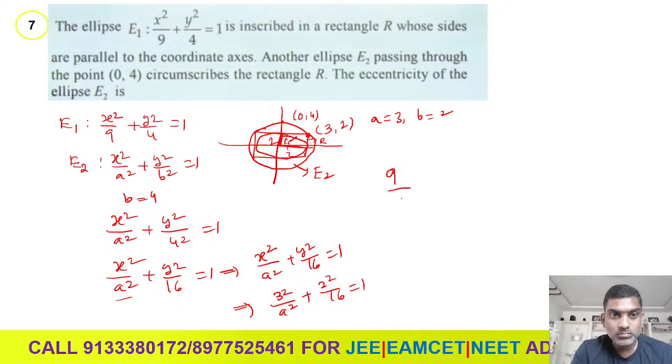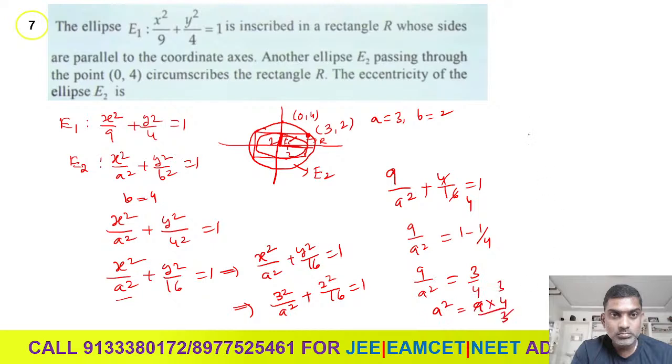3 square is 9 by a square plus 4 by 16 is equals to 1. Right? 9 by a square is equals to 1 minus 1 by 4. 9 by a square is equals to 3 by 4. Then a square is equals to 9 into 4 divided by 3, that is 12.